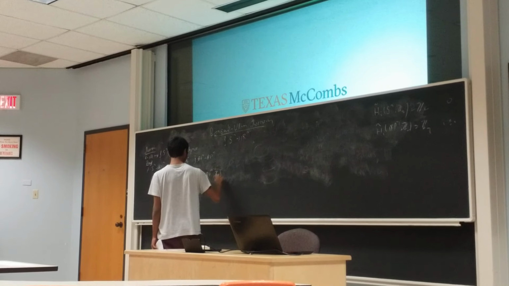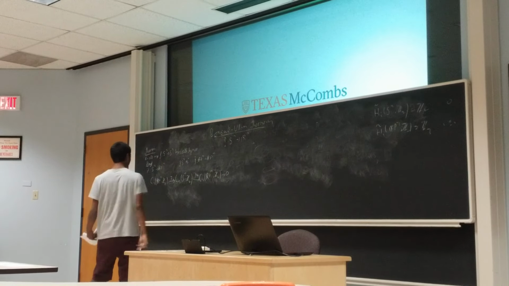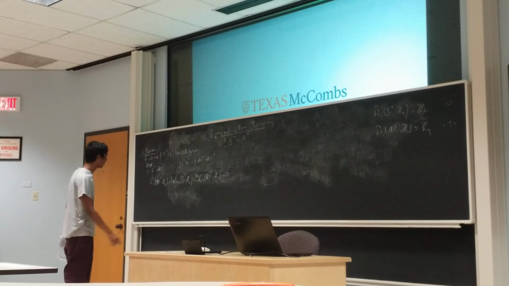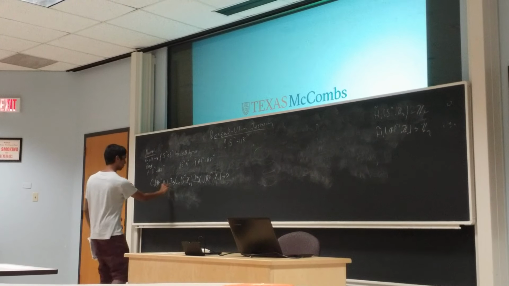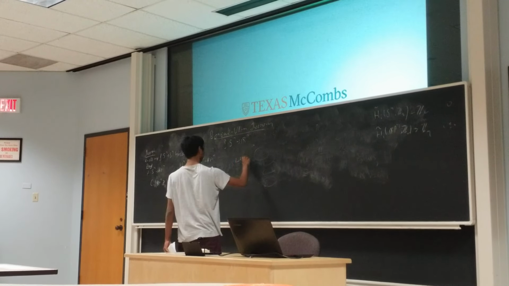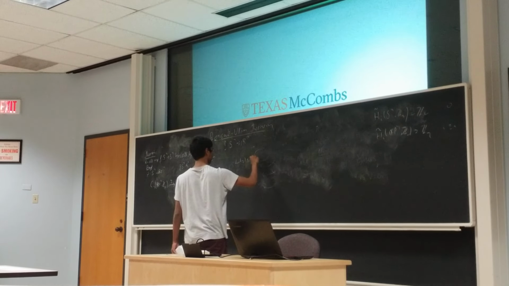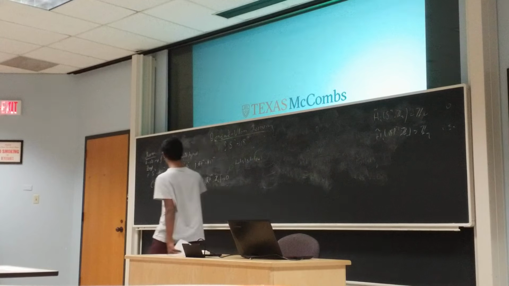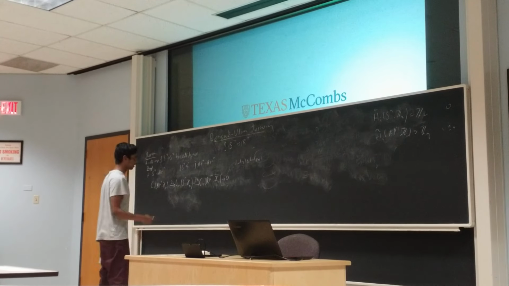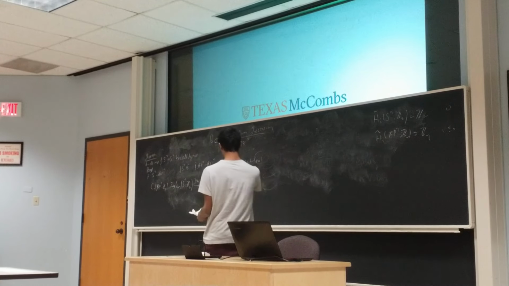Now we have to prove that this is a short exact sequence. That the image is contained in the kernel is slightly obvious because you just send it to the lifts and then you map it through p.